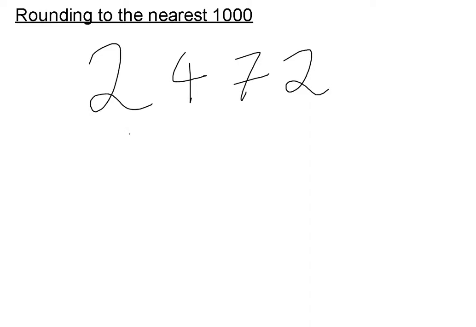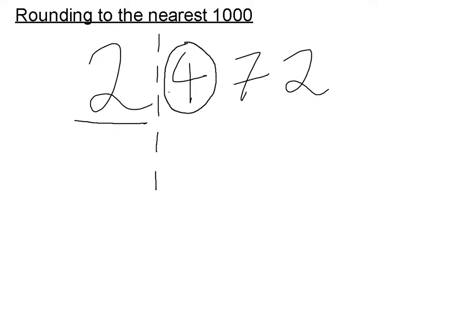Finally, let's consider rounding to the nearest 1,000. So let's say I have 2,472. If I want to round this to the nearest 1,000, I'm going to underline the number in the thousands column, which is 2. I draw a dotted line, and I look at the number to the right of the dotted line, which is in the hundreds, and that's 4.